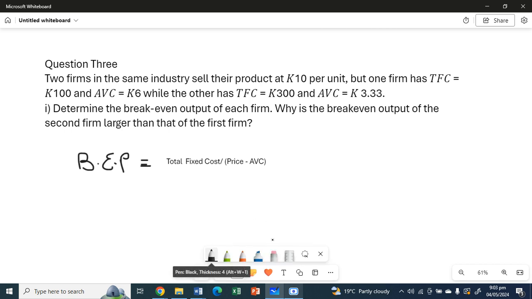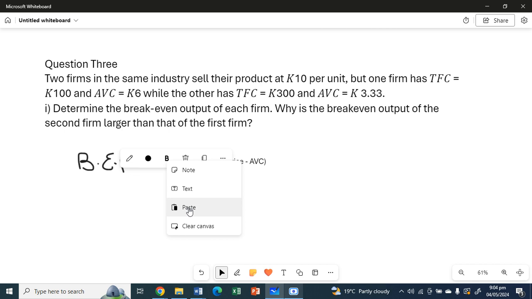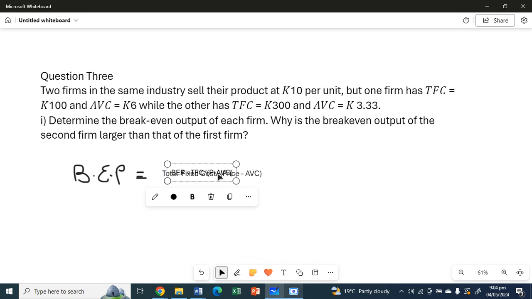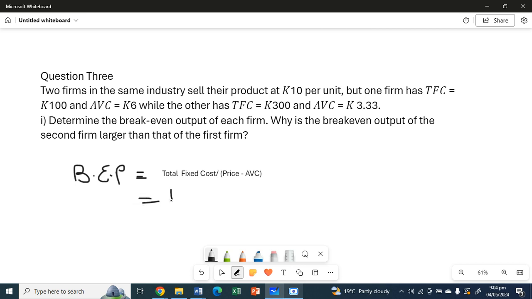Total fixed costs is 100 kwacha. So we're going to say 100 divided by the price, which is 10 kwacha, minus the average variable cost for this firm, which is 6 kwacha.